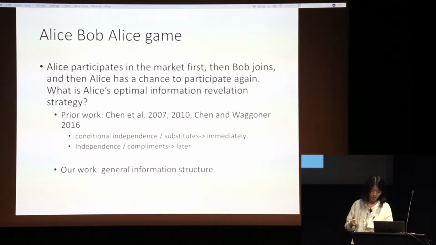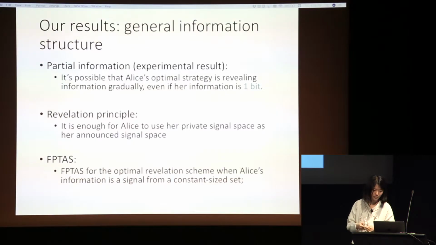And that is our work. Surprisingly, we show that even if Alice's private information is 1 bit, still, in some situations, the optimal information revelation strategy for Alice is to reveal partial information in the first stage and then reveal everything in the last stage.